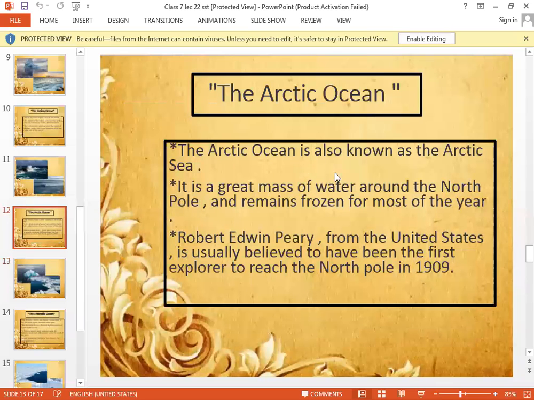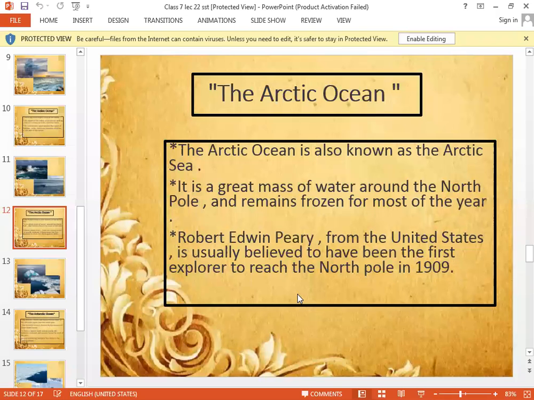So the Arctic Ocean is known as the Arctic Sea. It is a great mass of water around the North Pole, but it remains frozen for most of the year. And Robert Edwin Peary from the United States is usually believed to have been the first explorer to reach the North Pole in 1909.